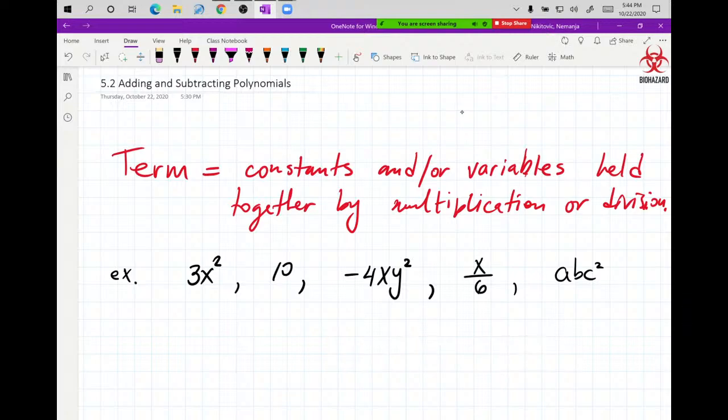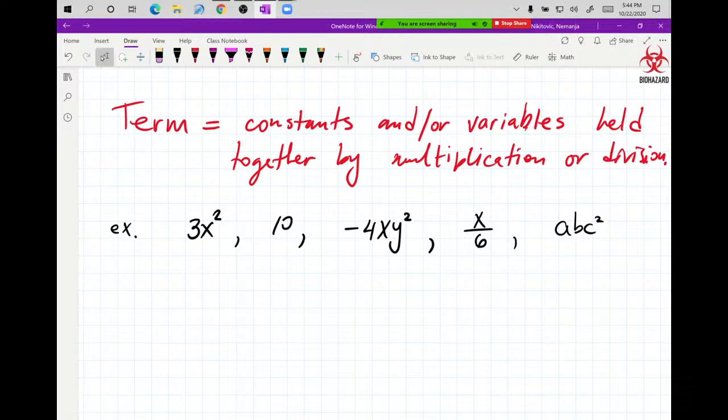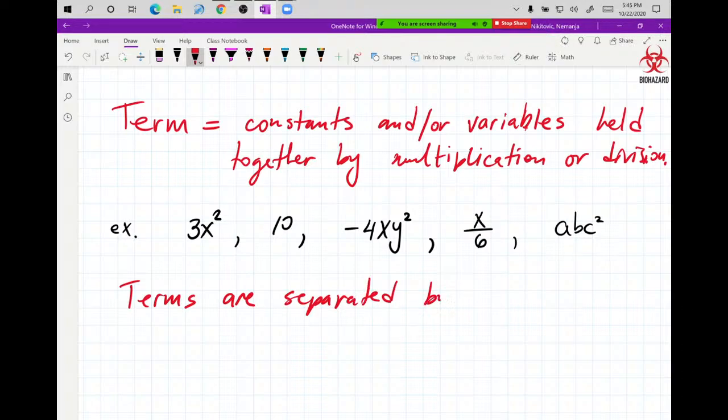So now what we can do is put a couple of these terms together and create what we call polynomials. Terms are separated by addition or subtraction.